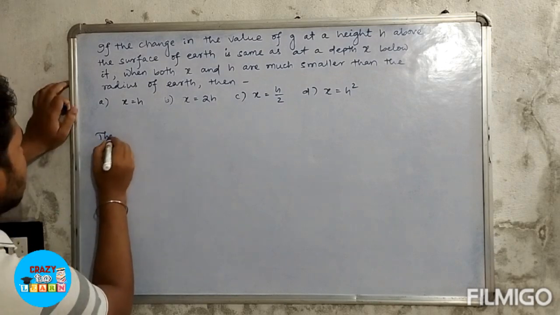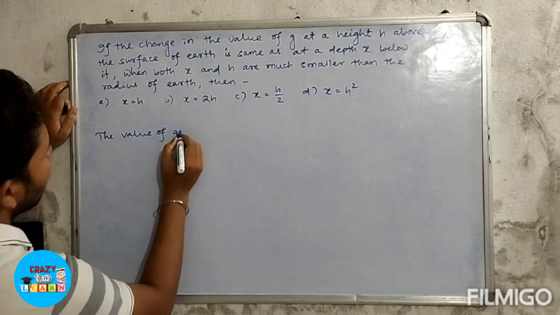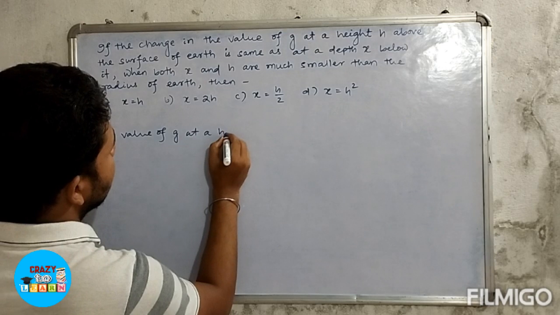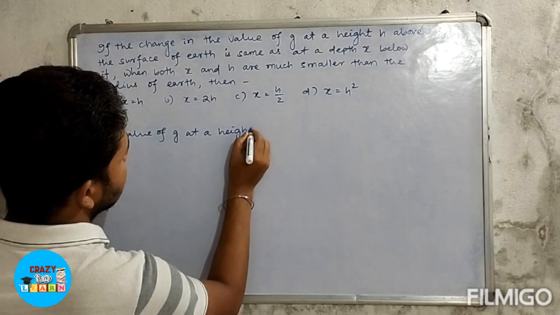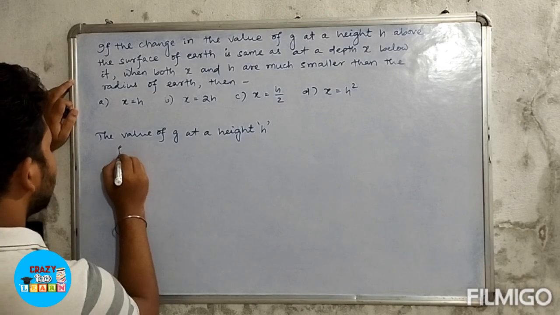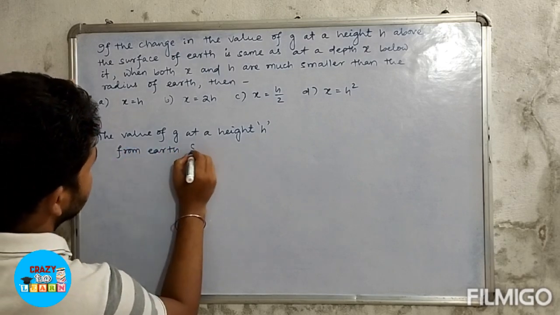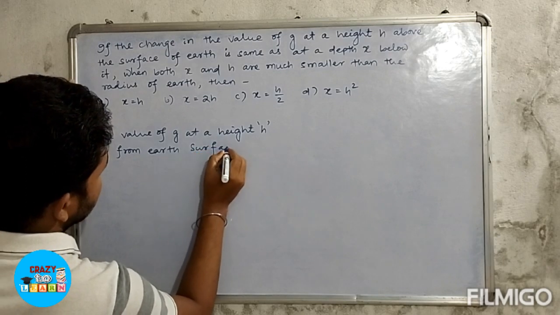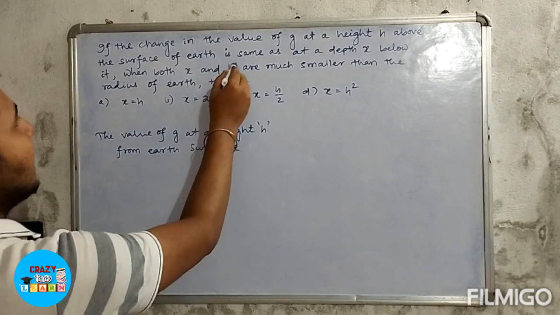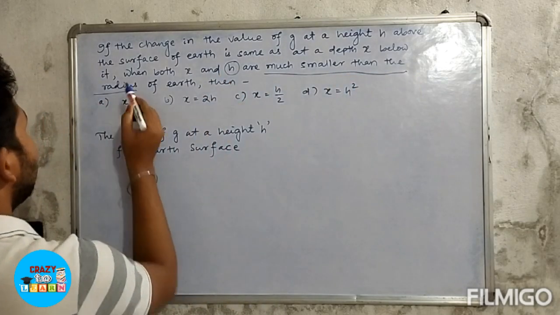The value of small g at a height h from earth's surface, and what is the condition given to you? h is much smaller than the radius.